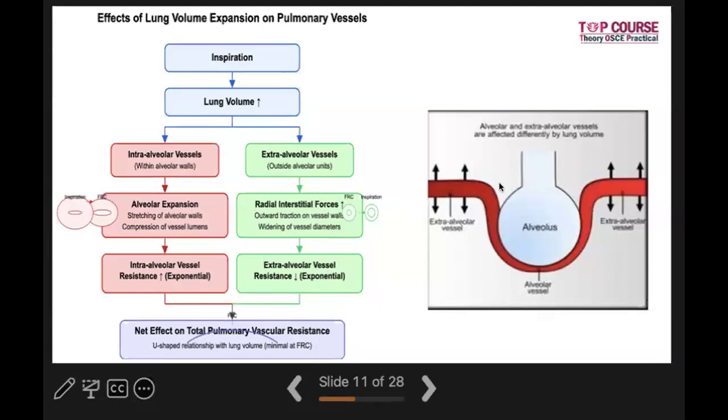So overall, whenever the alveoli expands, there is an increase in the intra-alveolar vessel resistance because of the compression of those vessels by the distending alveoli, and there is a decrease in the extra-alveolar vessel resistance because of the radial interstitial forces. So overall, there is going to be a net increase in the total pulmonary vascular resistance.